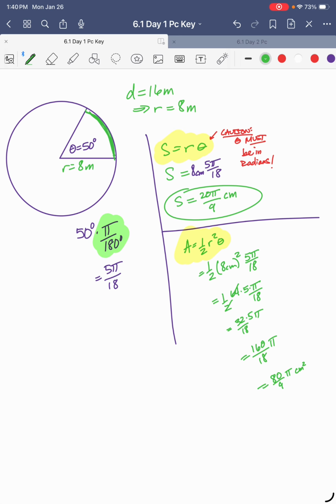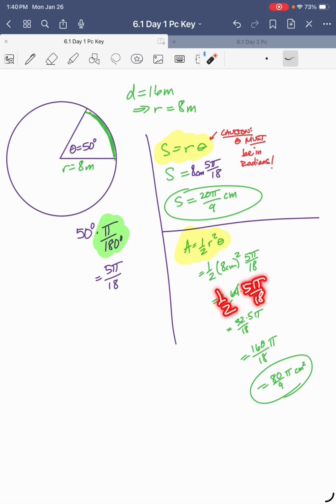And I will double check that for you. But that should be what we end up getting. So let's look at it one more time just to make sure we're on the same planet. So 8 squared is 64. And we've got 5 pi over 18 and 1/2 out front.